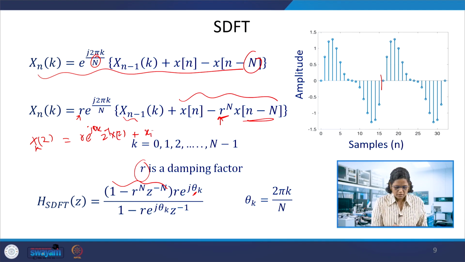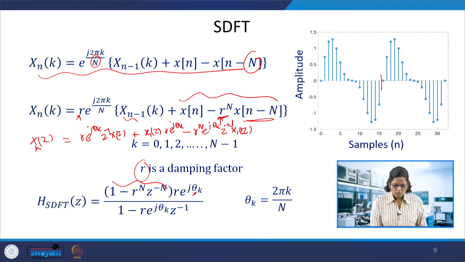I take X in z into, that is also r e power j theta k minus r power n into this one input, again e power j theta k into z power minus n X in z.